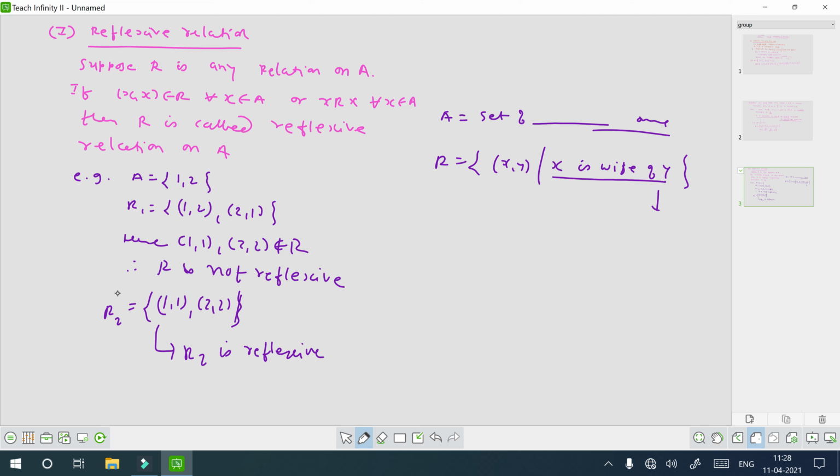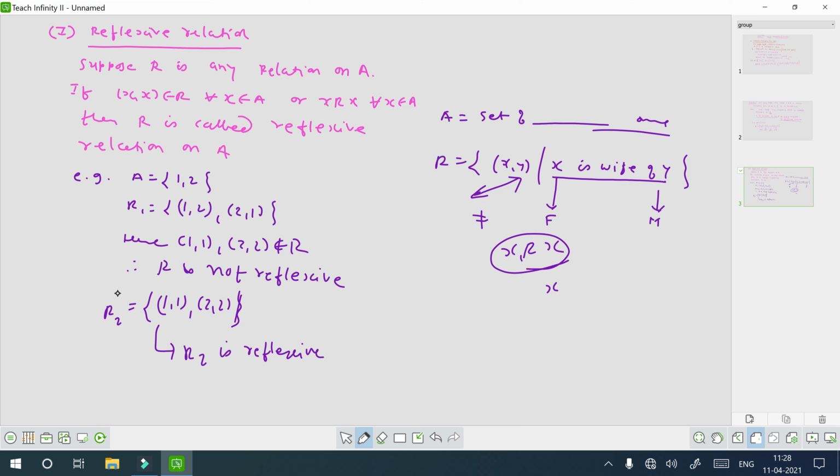So y is husband and x is wife, x is female, y is male. Here we cannot say x R x. x is not a wife of x. So this relation is not reflexive. The reflexive property is not satisfied for this relation.